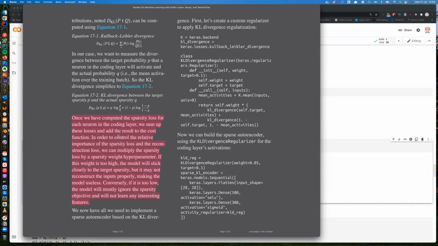I don't think so. The formula is somewhat complicated at first glance, but I think what it does is pretty straightforward. It penalizes a difference in distribution.